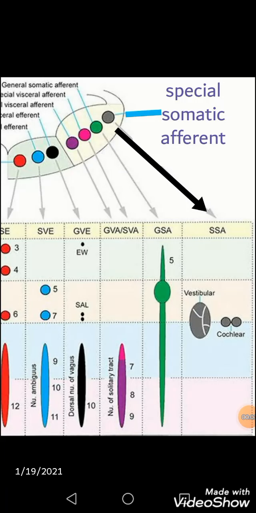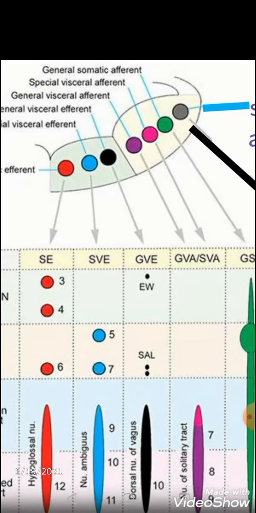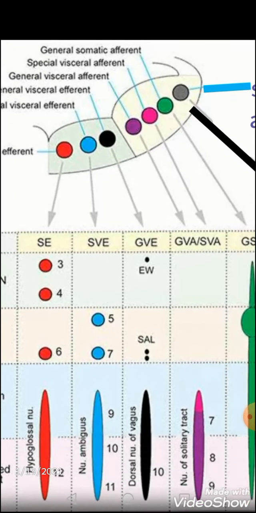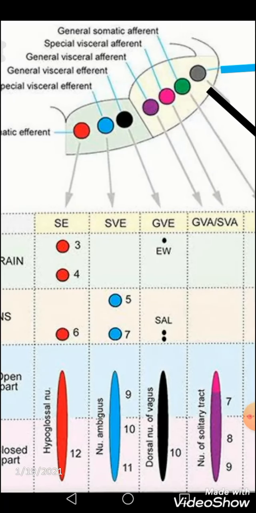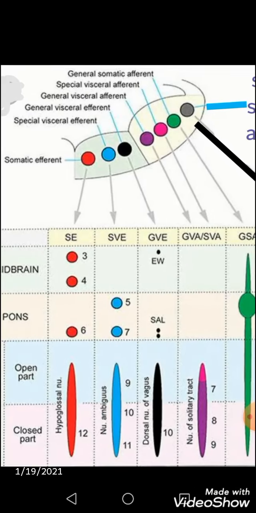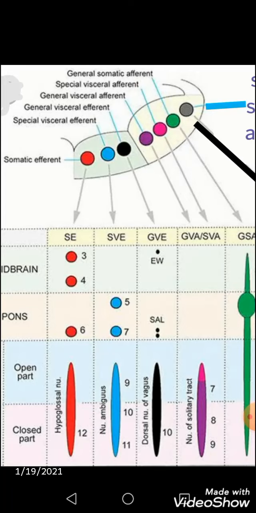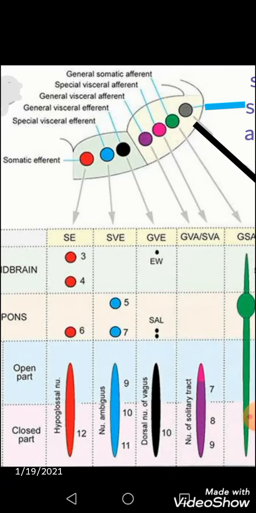Now you are looking into a picture in which above there is a lateral alar plate and the medial basal plate. The alar plate is showing all the afferent fibers, and the basal plate is depicting the efferent fibers. And as we know, in the spinal cord the gray column was in the form of a compact column in the very center of the gray matter.